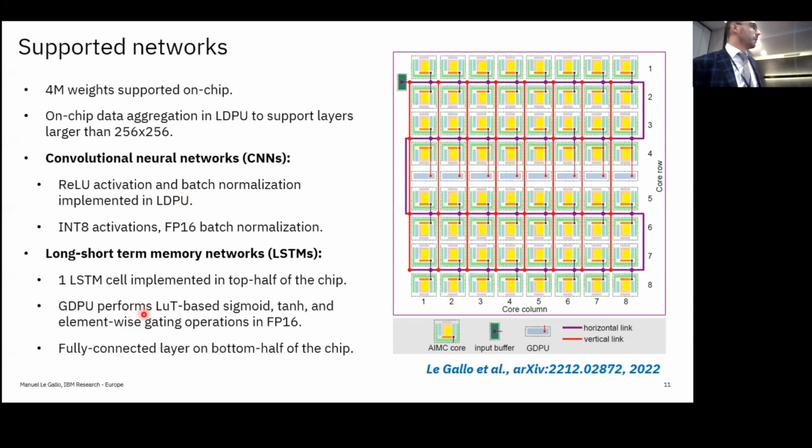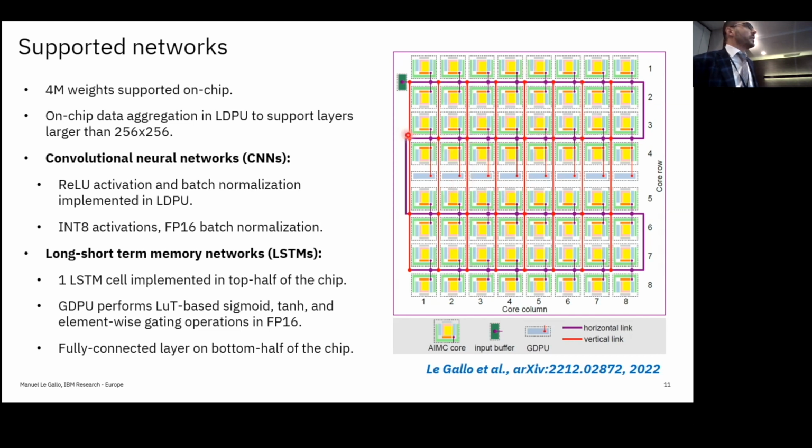And then also we can support LSTMs. Not just any LSTM, but essentially an LSTM where you can fit one cell on the top half, because this part doesn't communicate with the bottom. It communicates only with the top, as I've shown here. So you have to put the LSTM cell here.